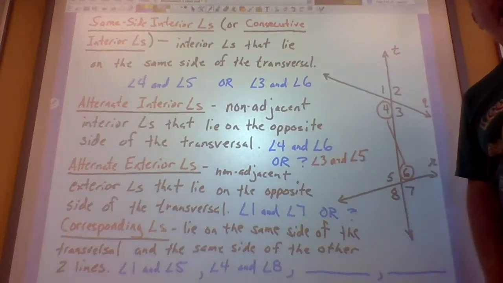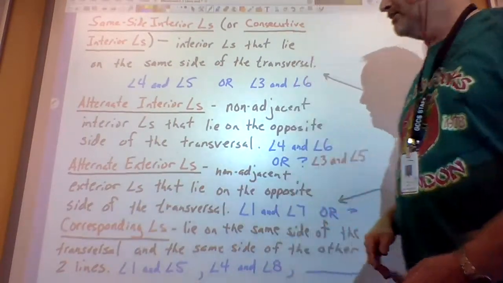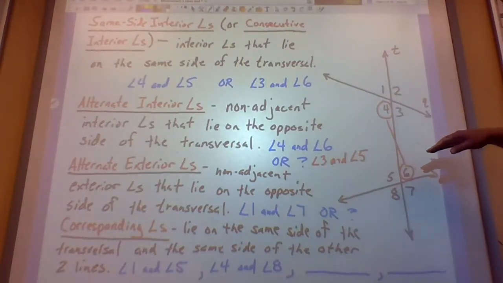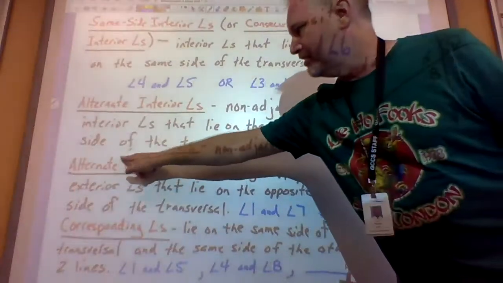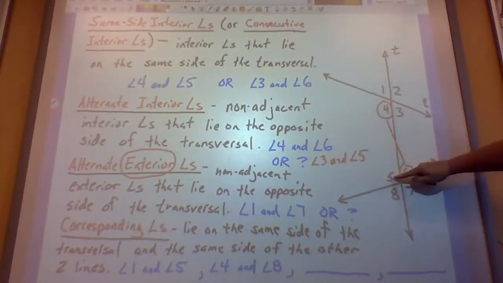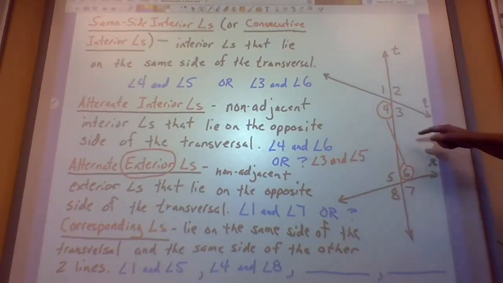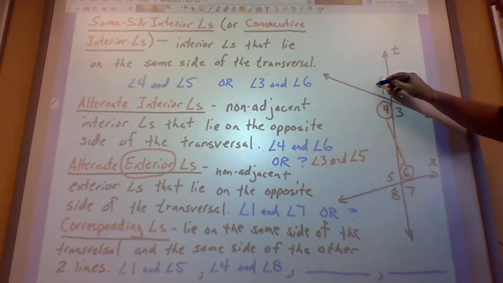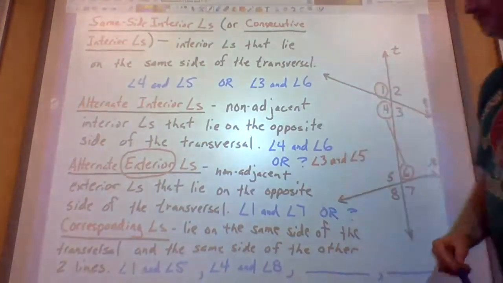All right, alternate exterior. Okay, so we're switching gears. We're not talking about guys on the inside now. Alternate exterior. The fact that it says exterior wipes out angles 4, 3, 5, and 6. So now we're talking about 1, 2, 8, and 7. So angle 1, he's got an alternate exterior buddy.